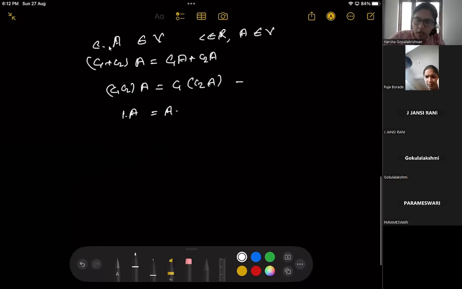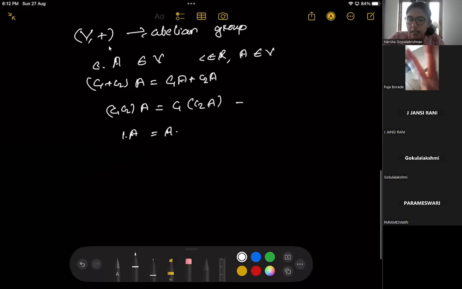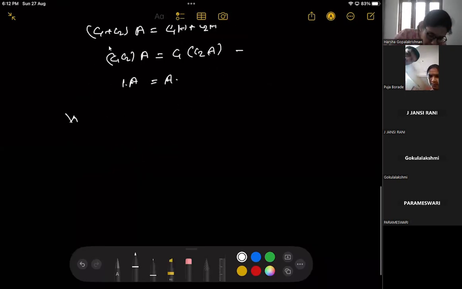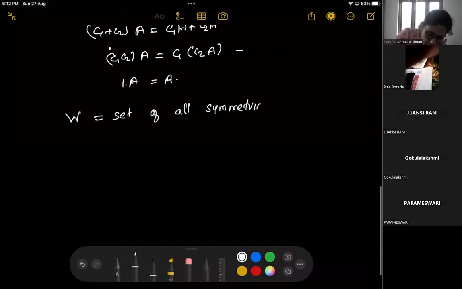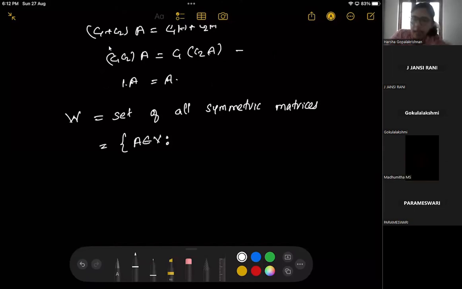Now, what is our subspace given? Subspace W is the set of all symmetric matrices. W equals the set of all symmetric matrices. Clear? That means the set of all A in V, that means we are collecting all elements from the above defined vector space V such that A equals A transpose.